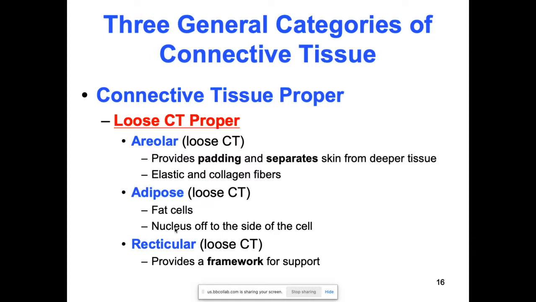Fat cells are metabolically active. We'll talk about them a little bit during the fourth week when we cover endocrinology, because they do secrete and release cytokines that can be inflammatory.